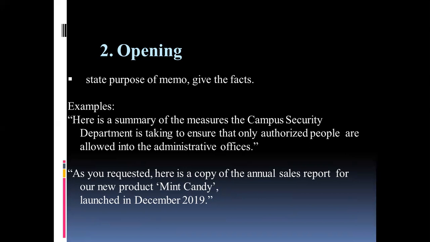There could be different ways of opening depending on your subject line. As you requested, here's a copy of the annual sales report for our new product mint candy launched in December 2019. That's just an example. It could be the first example or the second one. So this is how you are going to open. You just go straight to the point.